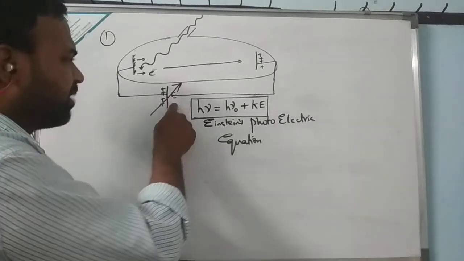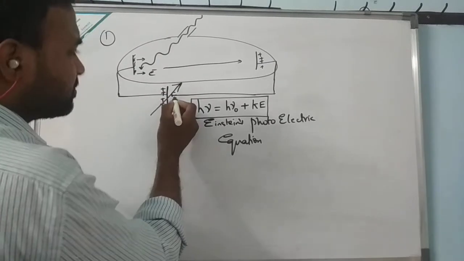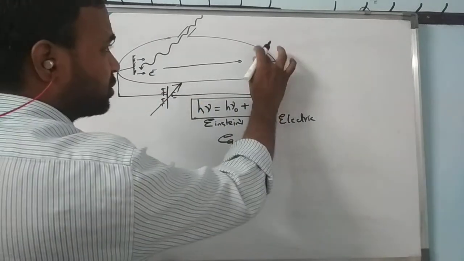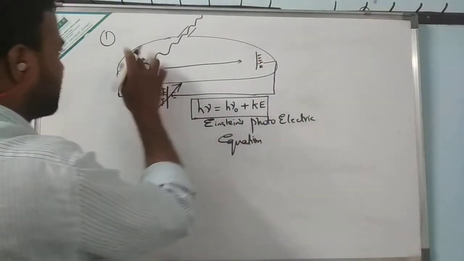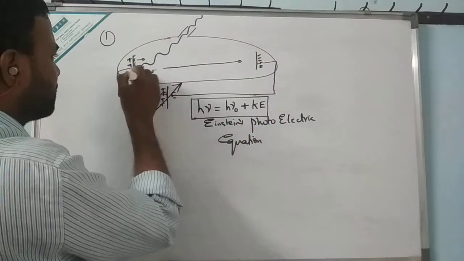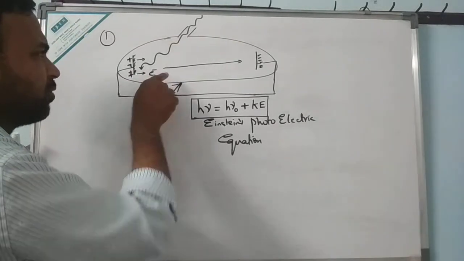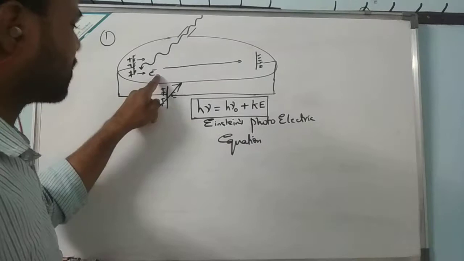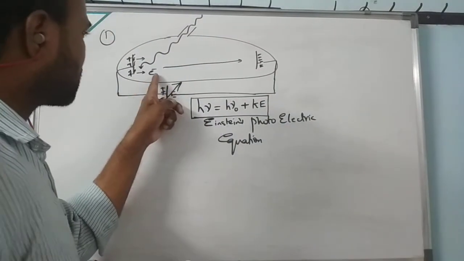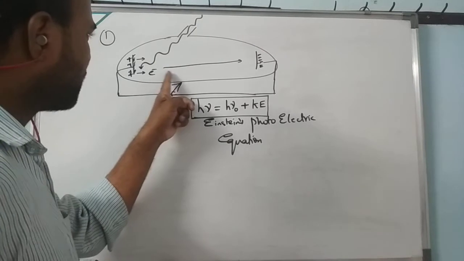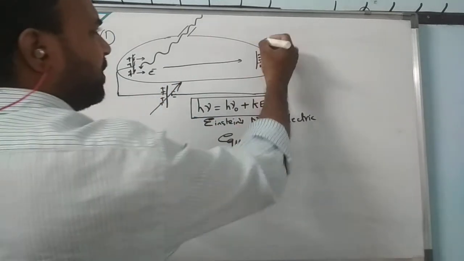Now, when there is a variable DC battery and you keep on increasing it, the negative terminal goes to this P terminal. So this becomes negatively charged, at negative potential, and the other gets a positive potential. Now the electron, with whatever energy it has come out, the fastest moving electron or the highest energetic electron, will also try to come out of the photometal but cannot accelerate all the way to this P terminal.